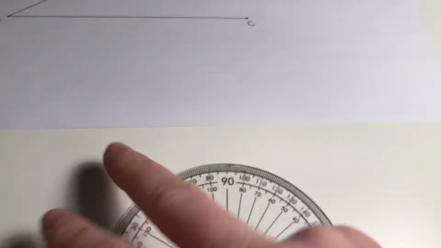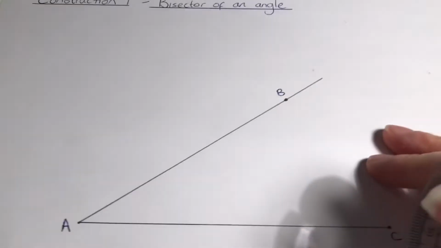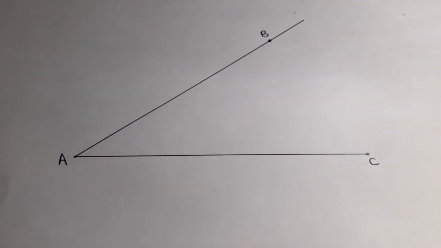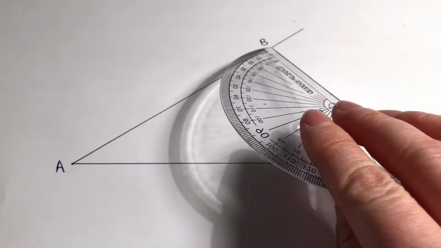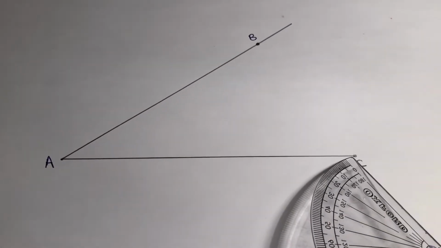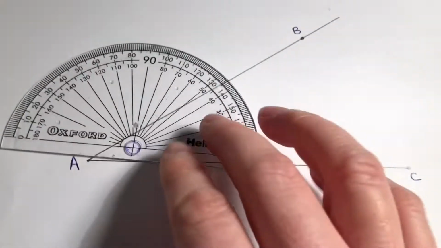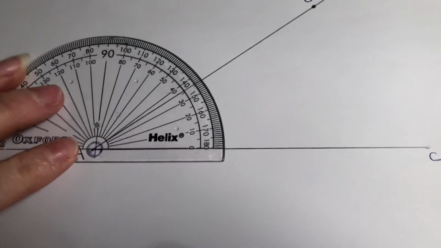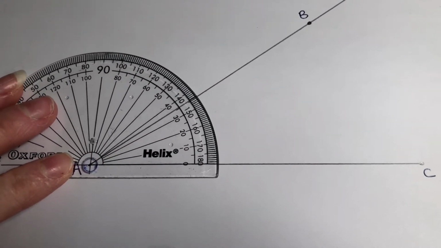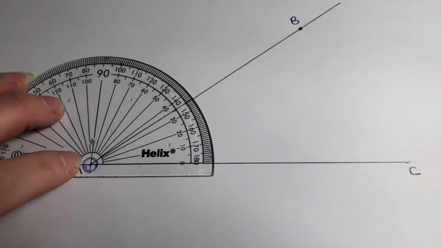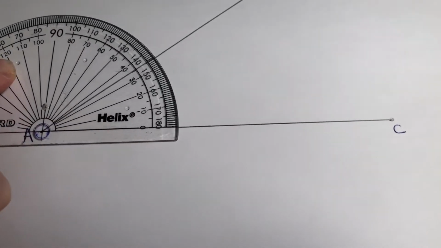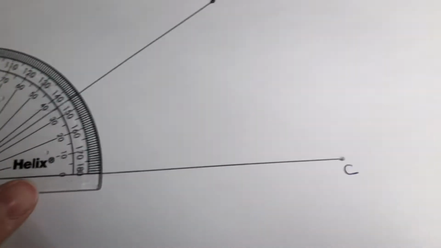So let's just have a quick recap on this, and let's measure the degrees of our angle BAC. If you recall, we need to place the center mark exactly onto the vertex, and then ensure that the baseline is exactly in line with our arm of our angle.